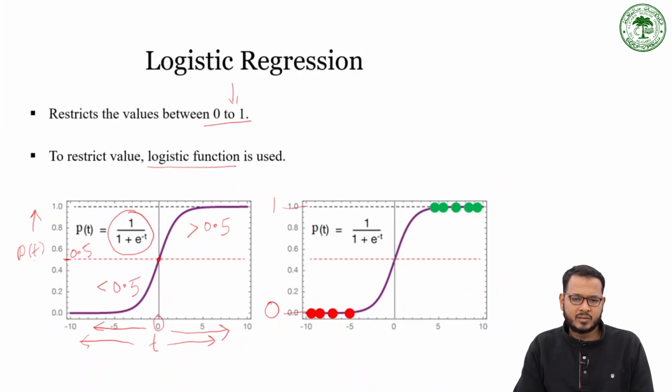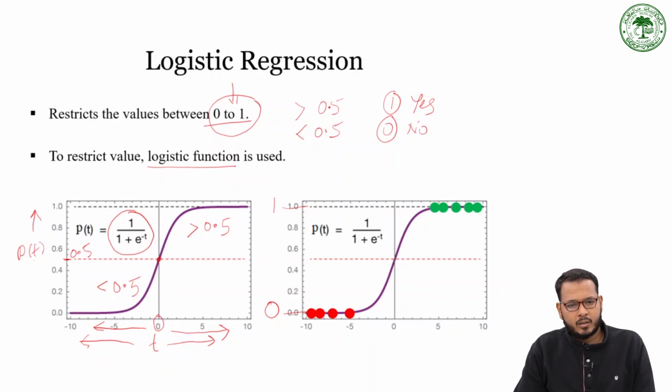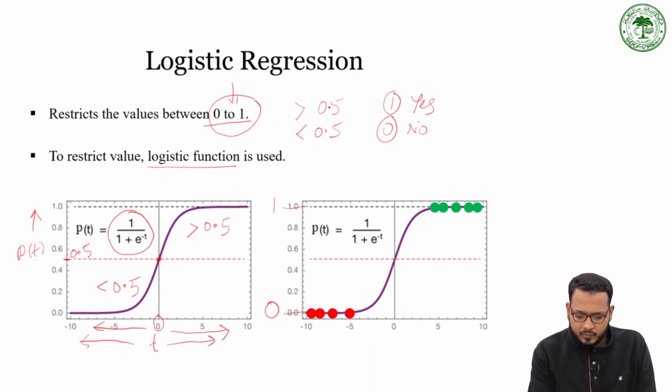So logistic regression gives us a handle to always restrict the values between the range 0 and 1, where if the value is greater than 0.5, we can predict the corresponding class as 1 or yes, and if it is less than 0.5, then we can predict the class 0, which means no. To cover all the criteria, we also include the equal to sign here as well.